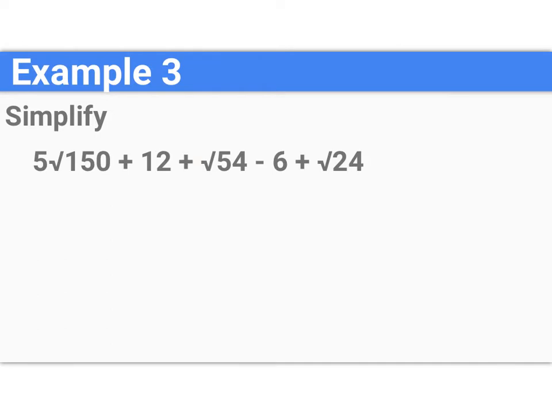Okay, let's look at what we have here. Let's extend the square root out, the square root out, and the square root out. All right, so what we have here is 5 times the root of 150. 15 times 10, or 6 times 25. Because when you break these down, you want to look for your squares.